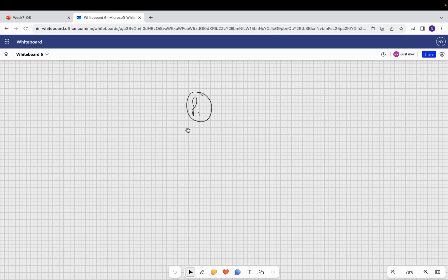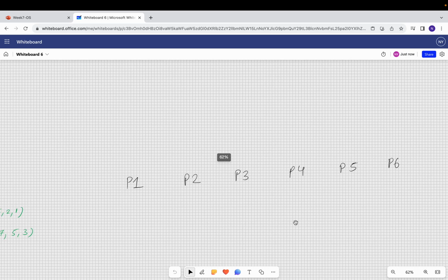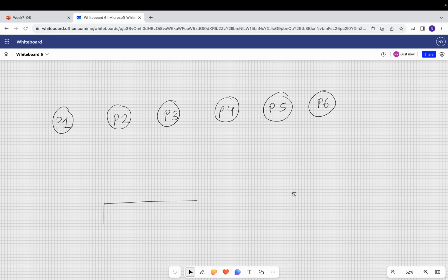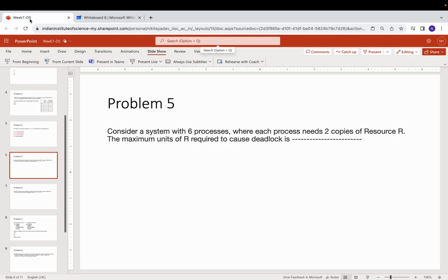P1, and so on. Consider that you have these 6 processes and all of them need 2 units of a resource R. So this is your resource R, and the question is the maximum number of units of R required to cause deadlock.